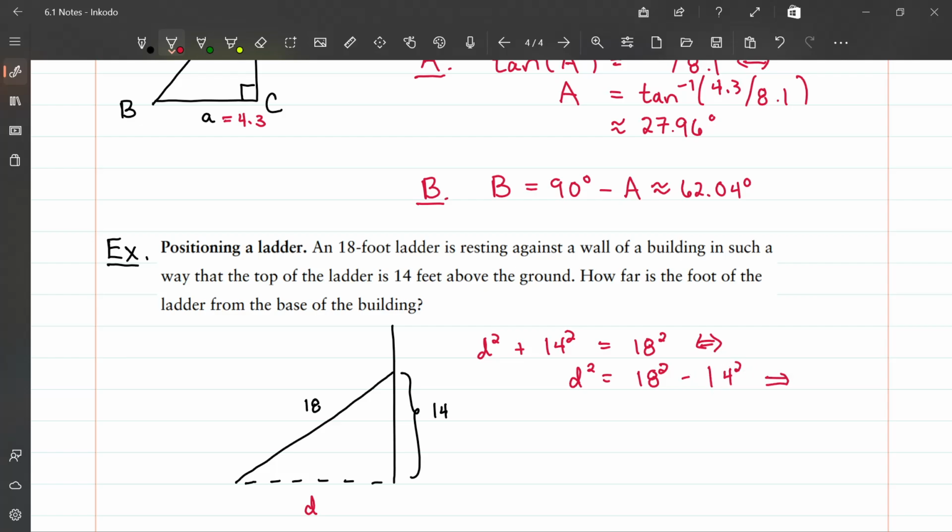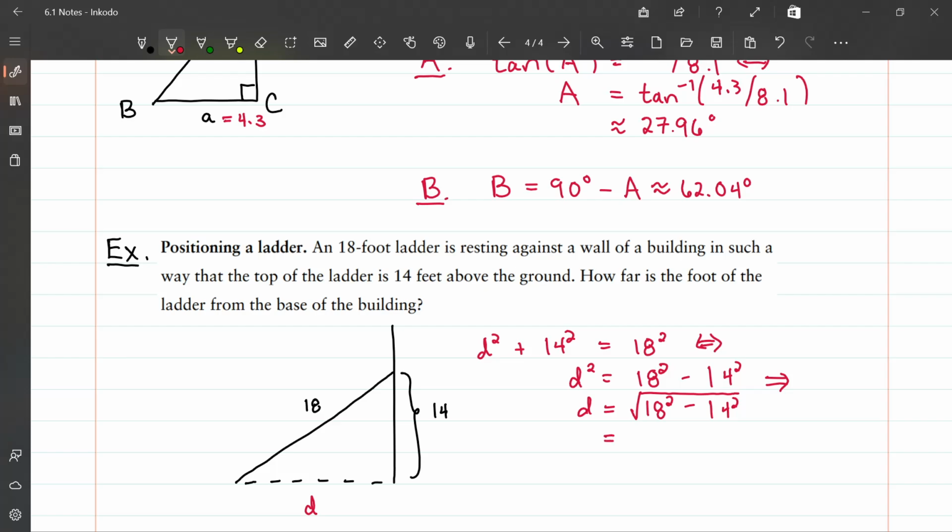And this leads me to conclude that since I'm dealing with positive numbers, distances, that d must be what happens when I take the square root of 18 squared minus 14 squared. Now you'll notice in this particular problem, it's not looking for me to approximate, excuse me. We're not looking to approximate in this case. So let's go ahead and get an exact answer.